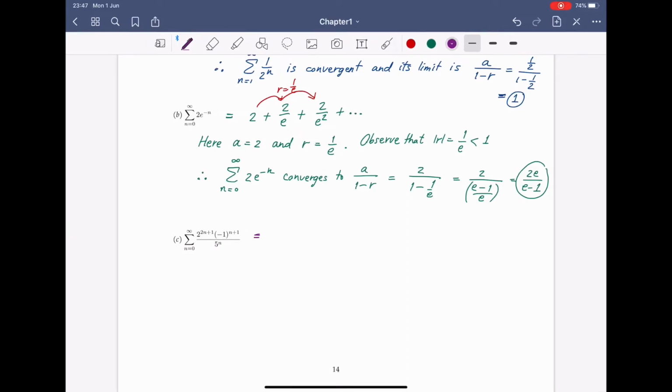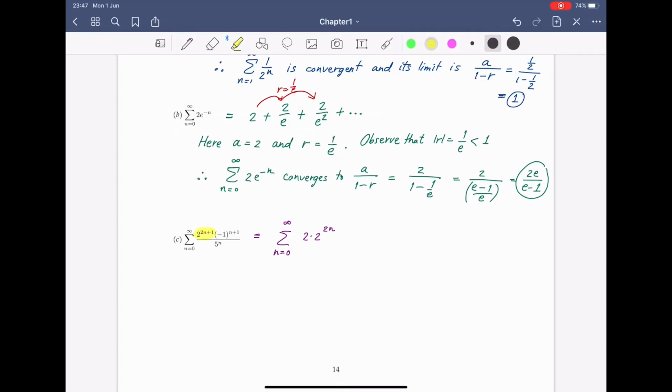So I have the summation n equal to 0 to infinity. On the top, I am going to pull out 2 from the first term. So I'm going to get 2 times 2 to the n, right? That's the first term.